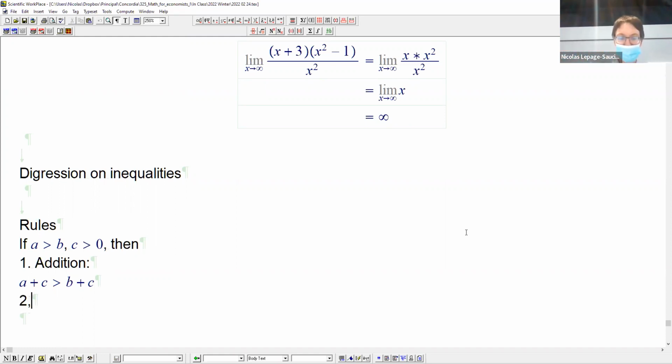Then subtraction. So that's a bit redundant, sorry about it. If I subtract C, it doesn't change.